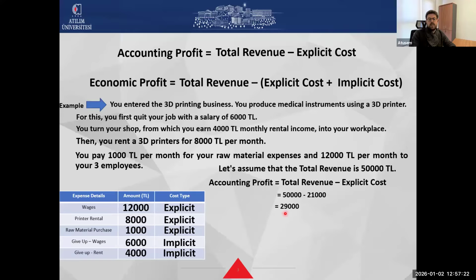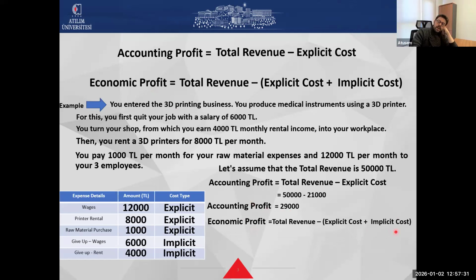So this is 29,000 Turkish lira. What about the economic profit? We also look at the implicit cost part. So 10,000 more costs. So economic profit is 19,000.